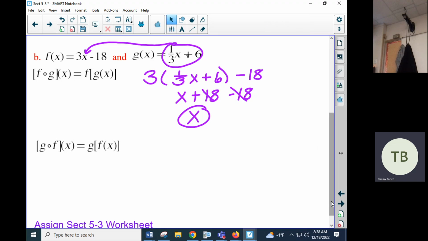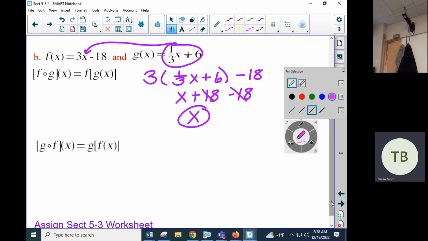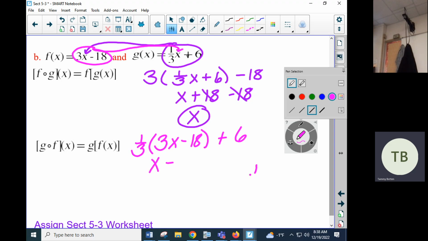Then if I go to my other one, I'm going to take my f of x and put it in here for g of x. So I have 1/3 times 3x minus 18 plus 6. 1/3 of 3 is 1, so that's just x. 1/3 of 18, if you think of this, you're looking at how many times does 3 go into 18, and it goes in there 6 times.